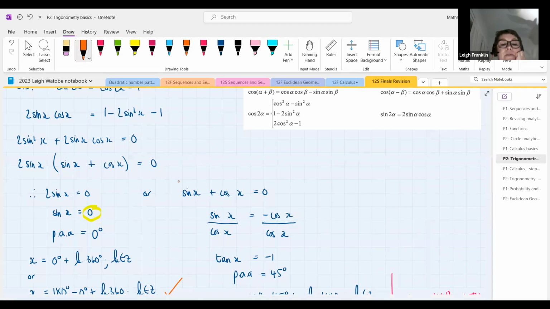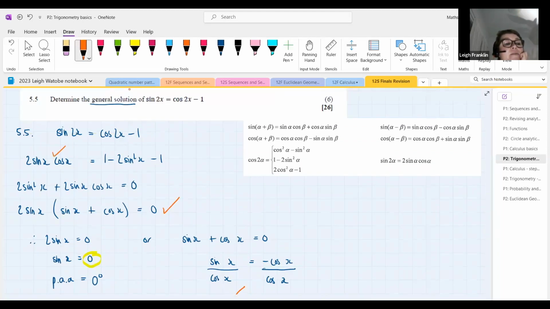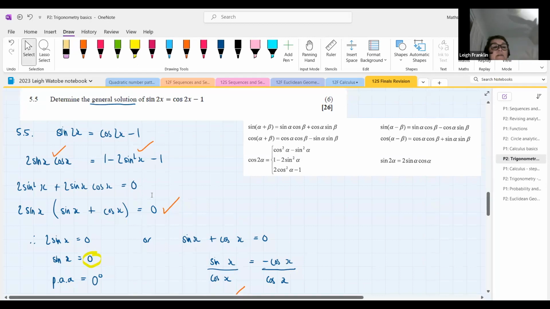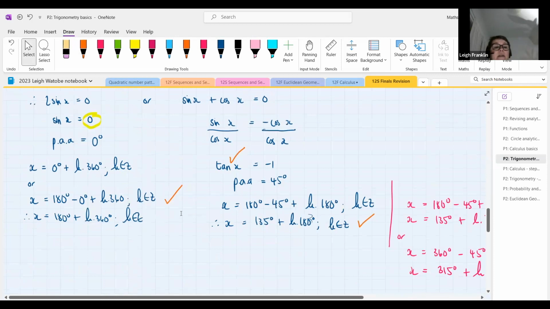I'm sure they would have given us a mark on tan x. That's 3. 4, a mark on our factors. 5, 6. Okay, so using identities, our factors, our tan identity, and then both general solutions, and either that one or both of those.